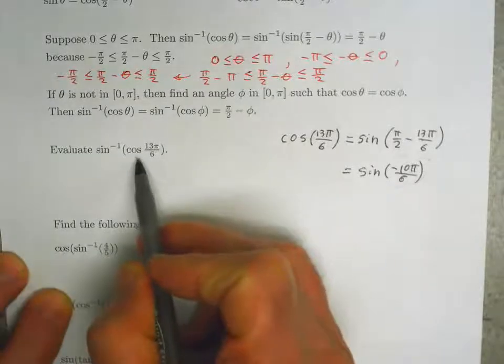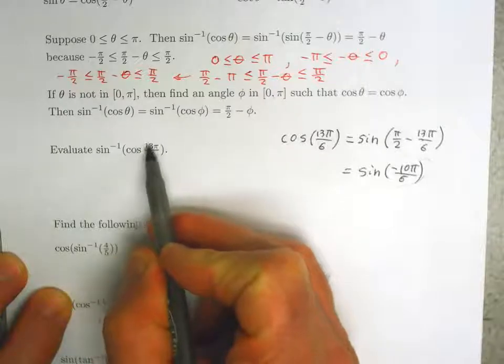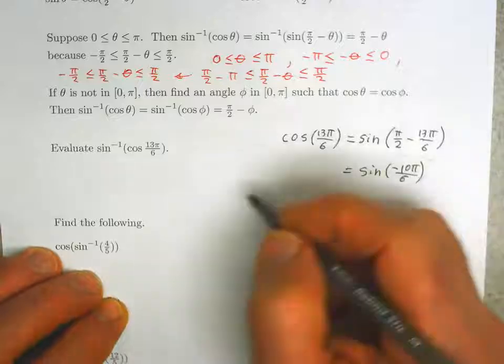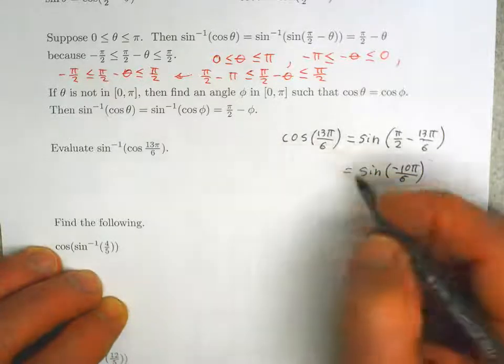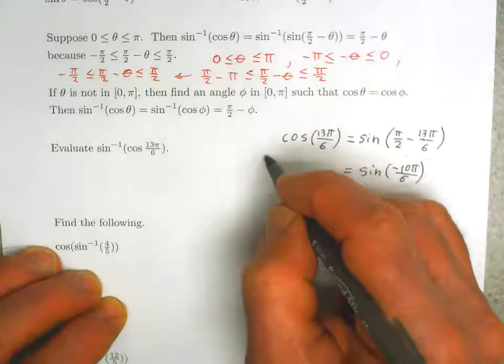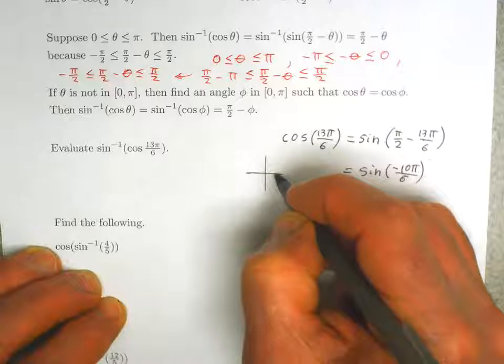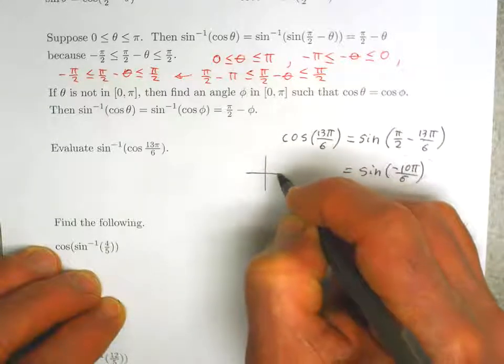So what we can do is simplify cosine of 13 pi over 6 by using a reference angle. So 13 pi over 6, if we rotate that, we get 12 pi over 6 plus pi over 6.